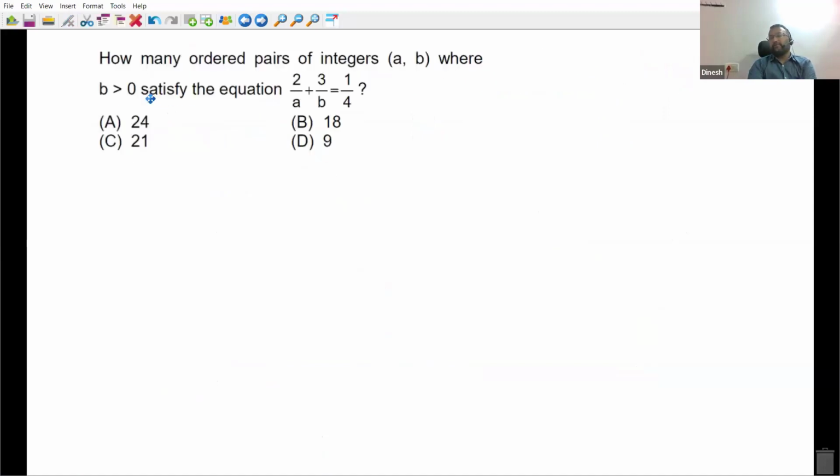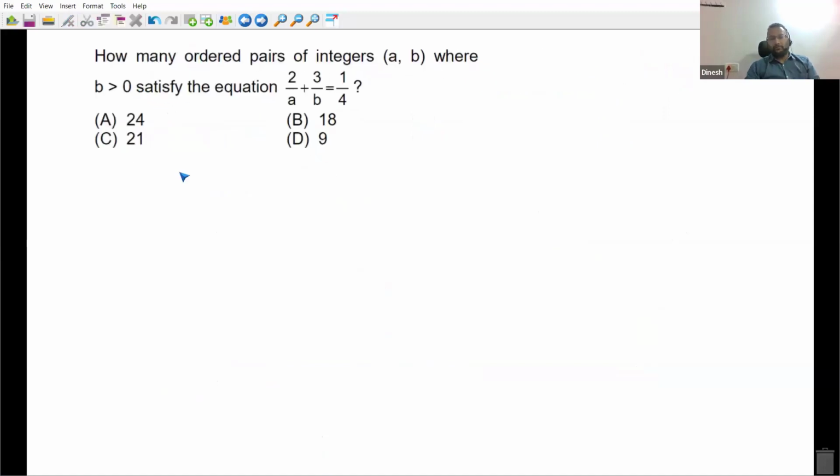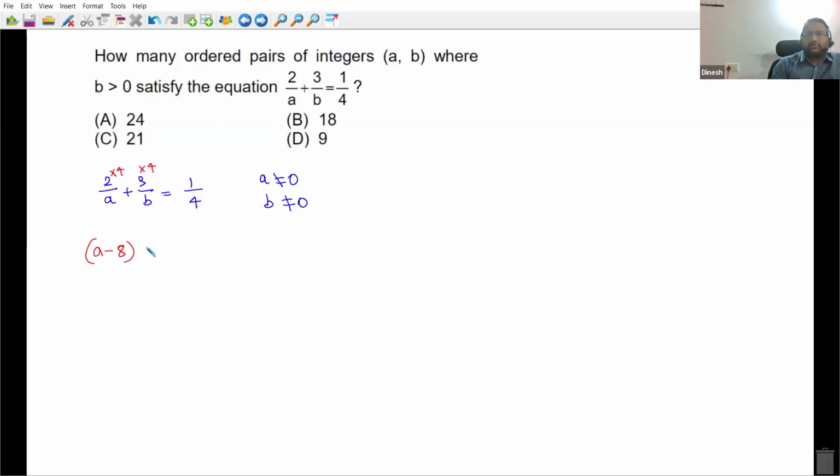There is a condition that the value of B should be greater than 0. So look here. 2 divided by A plus 3 divided by B is equal to 1 divided by 4. A and B cannot be equal to 0. This 4 should get multiplied over here. So A minus 8 into B minus 12 is equal to 2 into 4 into 4 into 3.